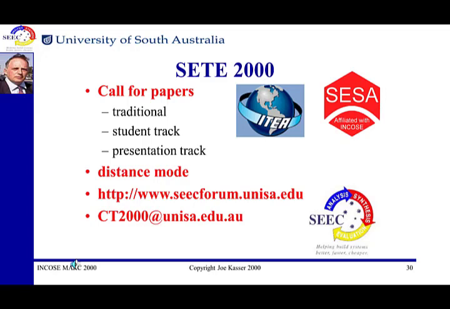You too can present a paper in Australia without being there using the technology that I've demonstrated today. There's more information on the website, seekforum.unisa.edu.au, or send an email to ct2000, that's the letter C, the letter T, 2000, at unisa.edu.au, University of South Australia.